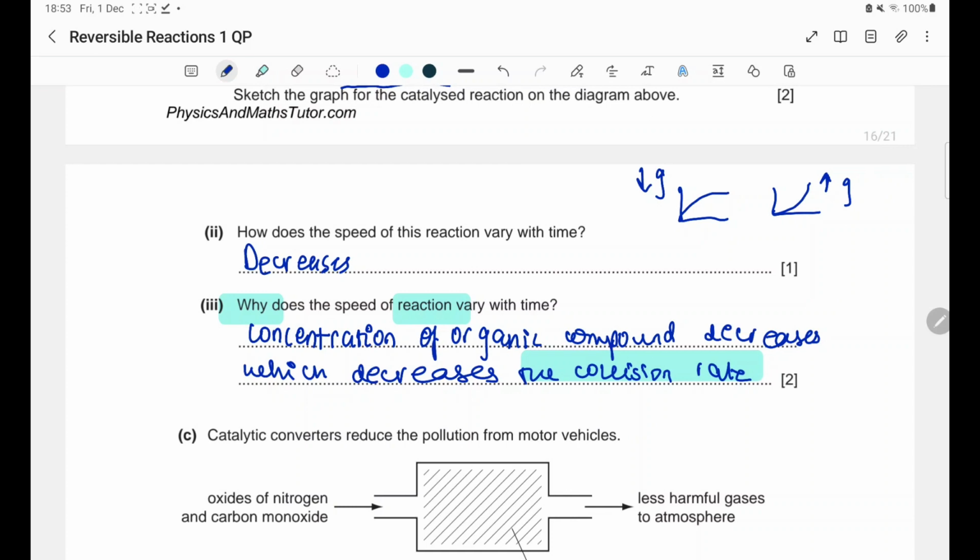We went over this in the reaction rate video: you will say the factor that is affecting the reaction, and then you will give the explanation, which is the collision theory for that factor. How is that factor affecting the reaction rate the way that we have said? That is the collision rate. So for all your why questions, you will say the factor and then explain the collision rate.